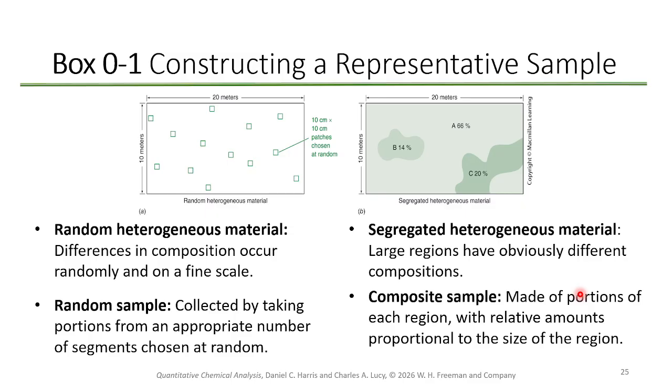This can be made of portions of each region with relative amounts proportional to the size of the region. So you take about 20% of your sample from here, and then this part right here, about 66% of your sample, and then 14%. This one's actually kind of a pain in the butt to do, but it can be done.